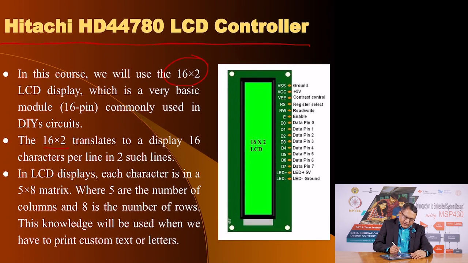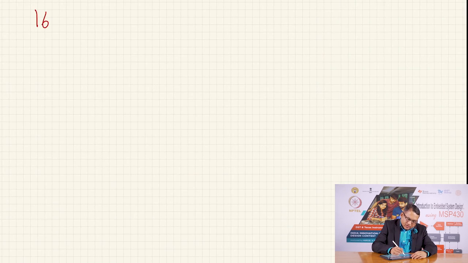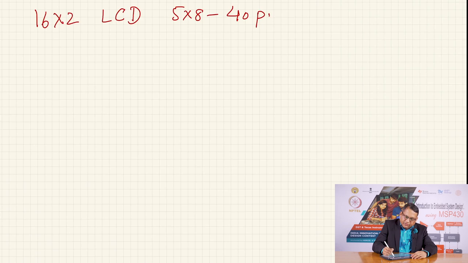Each character can be displayed in a 5x8 matrix, which means 40 pixels per character. Let us calculate how many pixels a 16x2 LCD has. Therefore, the total number of pixels on a 16x2 LCD is 32 into 40, and that is a large number of pixels.